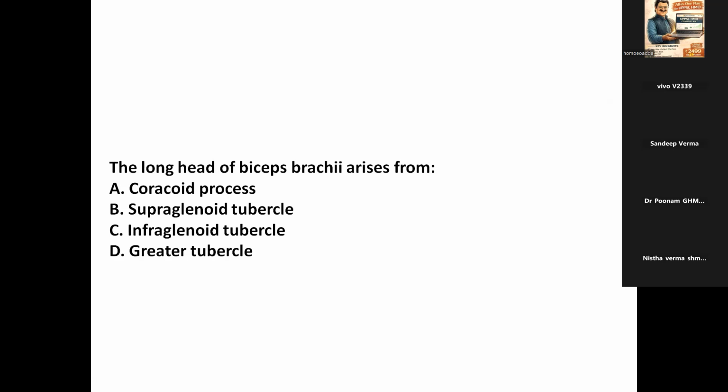The long head of biceps brachii arises from, if you remember, there are two heads, long head and the short head. Short head was arising from tip of coracoid process, but the long head arises from supraglenoid tubercle, correct.